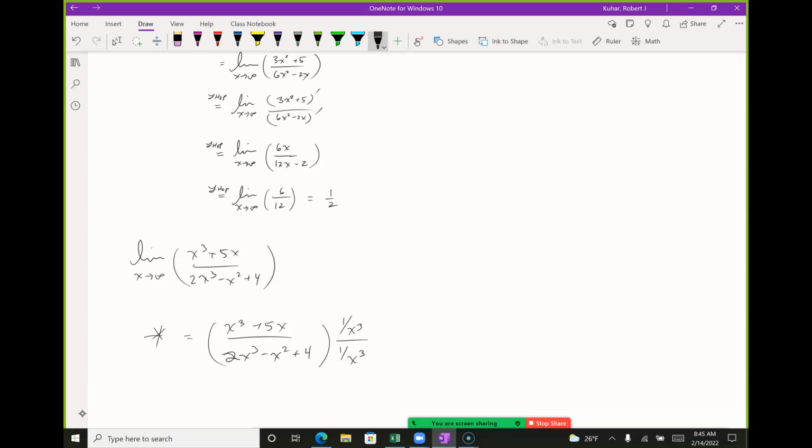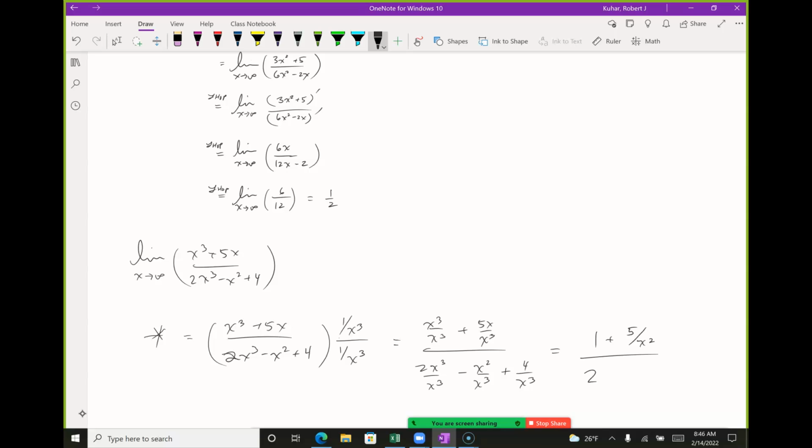So I'm multiplying by 1 here, right? And so what do I get? I get x cubed over x cubed plus 5x over x cubed, all over 2x cubed over x cubed. And you can see what's going to happen. I'm going to get 1 plus 5 over x squared. And remember, 1 over x to the n goes to 0, so 5 over x squared is going to go to 0.